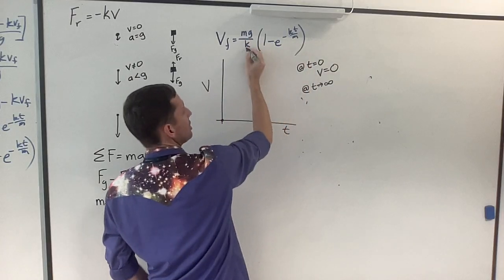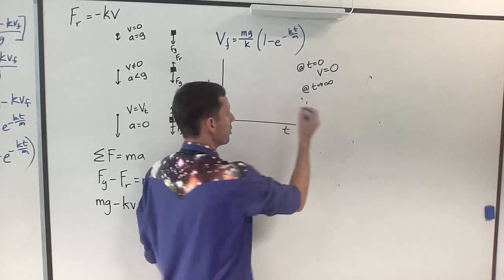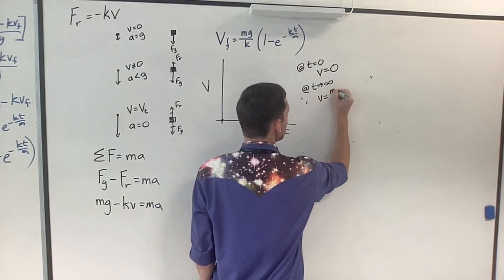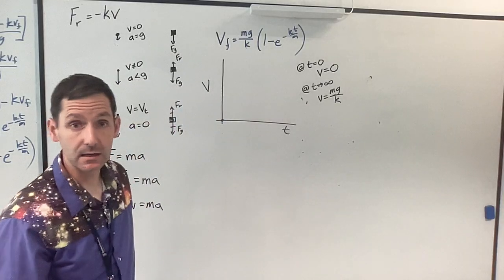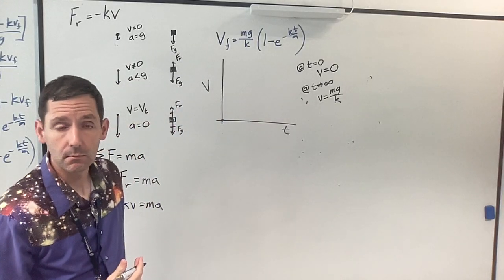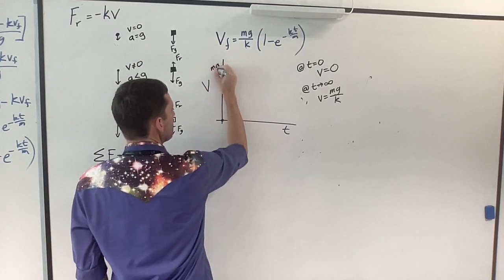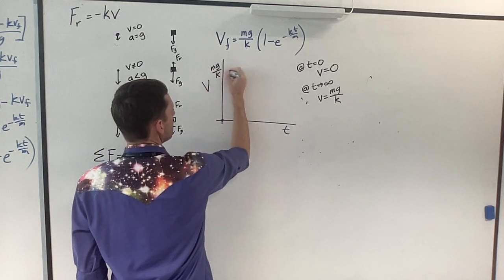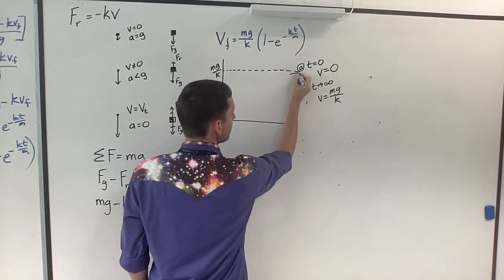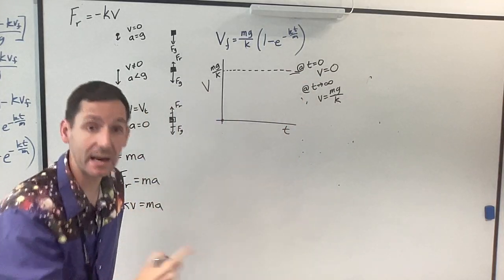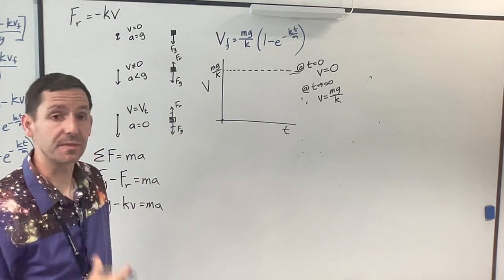And so I have mg over k times 1, which is mg over k. And so therefore, v equals mg over k. That is then my terminal velocity. So I'm going to label mg over k. That's what should happen. I should get closer and closer and closer to that number as t gets bigger and bigger. Now, that should make sense.